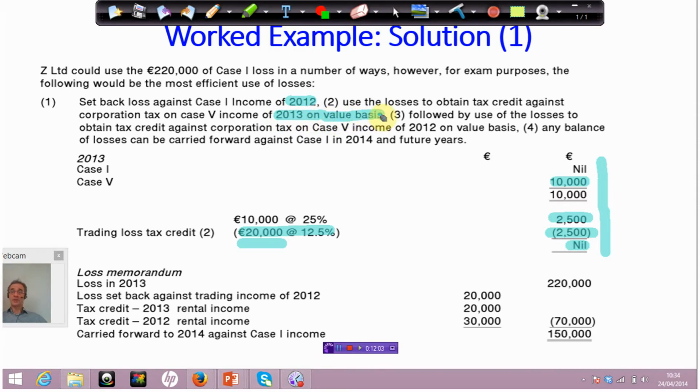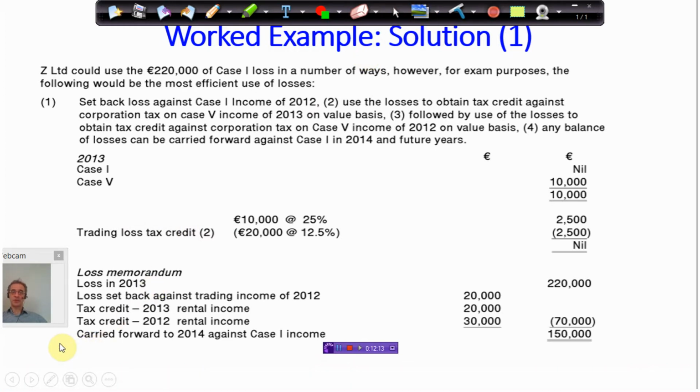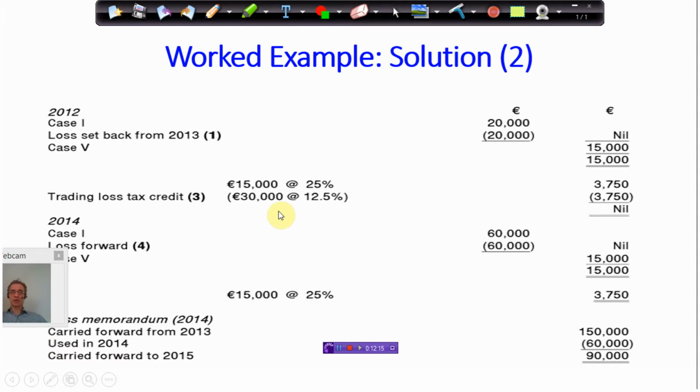Well, what we need to do is in fact go back again. So we're going back again to 2012. I'll just move the slide forward one more time so that you can see this loss being utilized. What we'll see here is that the other income for 2012, this case 5 income, was 15,000.